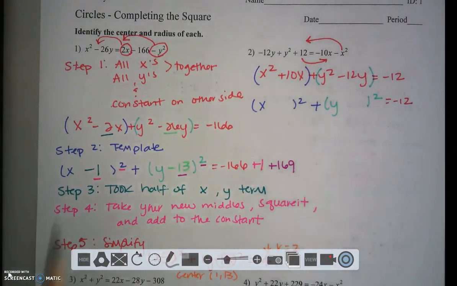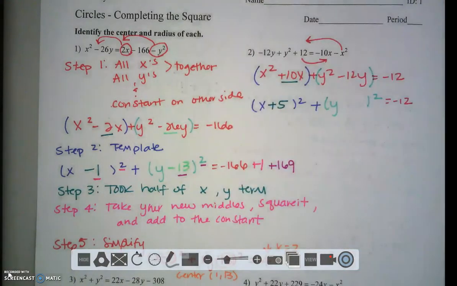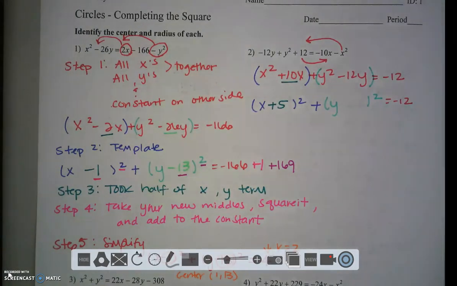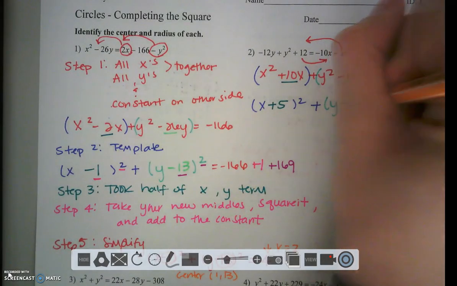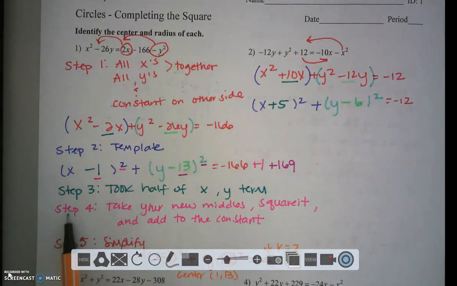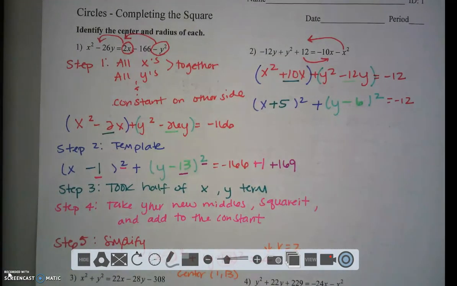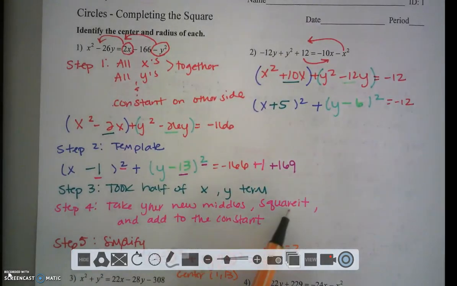So let's follow step number 3, where we take half of the middle. So half of 10 is 5. Half of 12 is 6. And remember, we'll keep that sign. Now step 4, square your new middles.